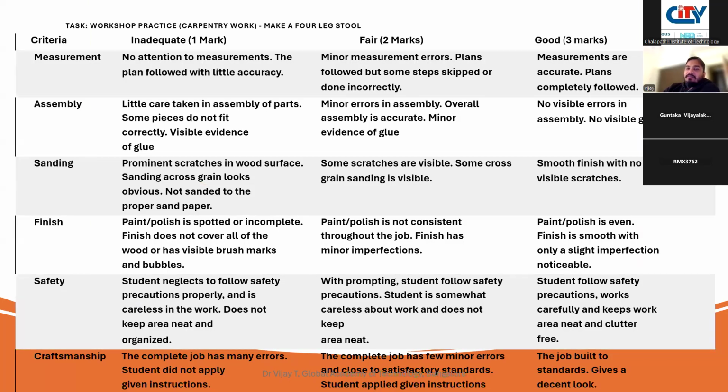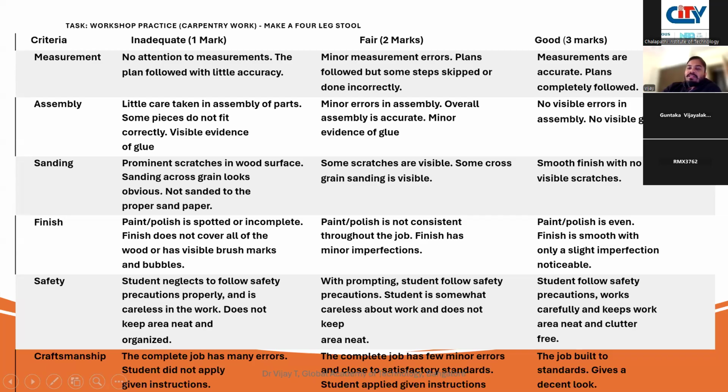So this is one sample rubric for a workshop practice in first year. So criteria is measurement, assembly, sanding, finishing, and safety. So how do I give a mark? If I want to give him or her 3 marks, then what has to be the quality for measurement? Measurements are accurate, plans completely followed.